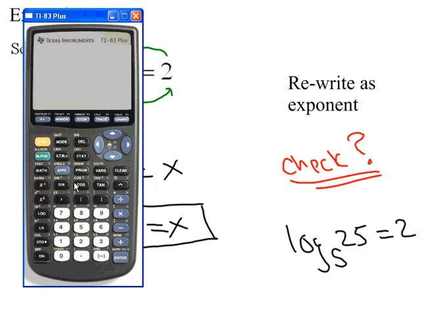In your graphing calculator, you can't type in log base 5. The calculator only does logarithms in base 10. Even though you don't see a 10 there, the calculator only does logarithms in base 10.